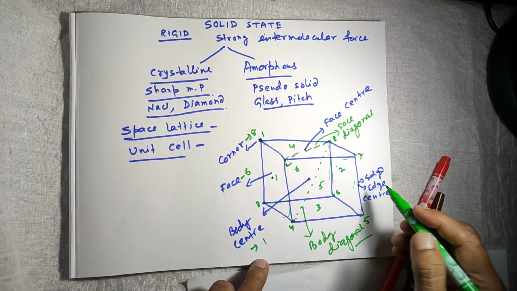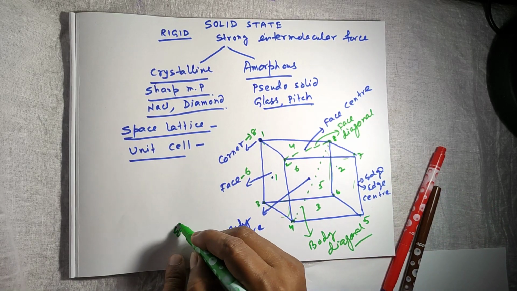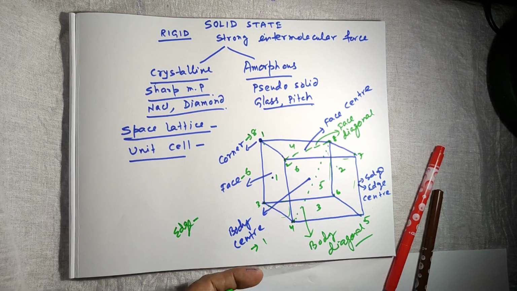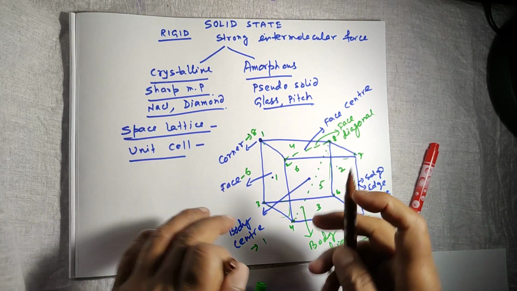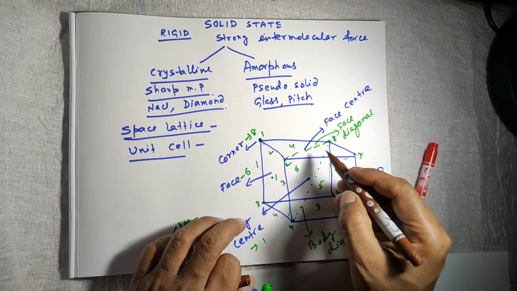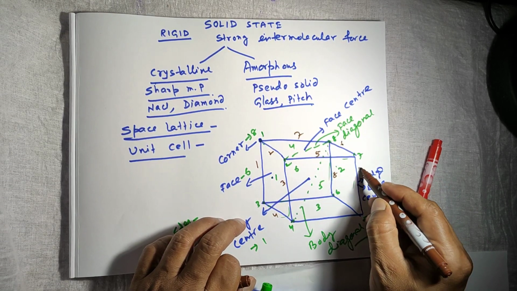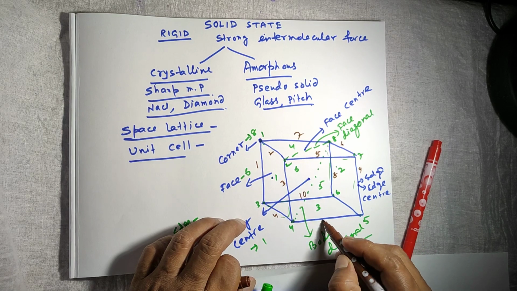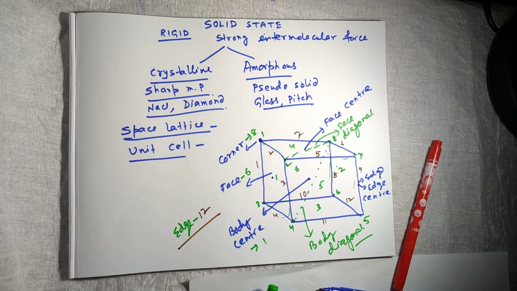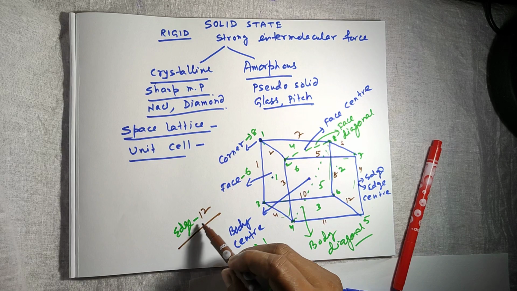And the number of edges: 1, 2, 3, 4, 5, 6, 7, 8, 9, 10, 11, 12. There will be 12 edges. So number of corners 8, number of faces 6, number of edges 12.